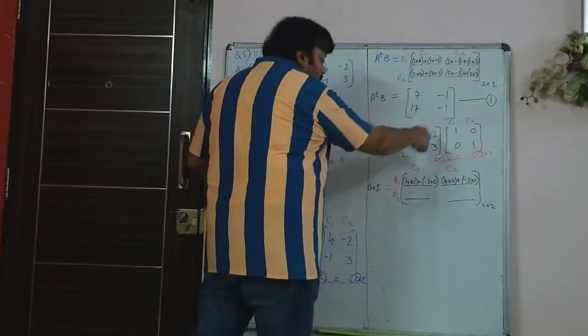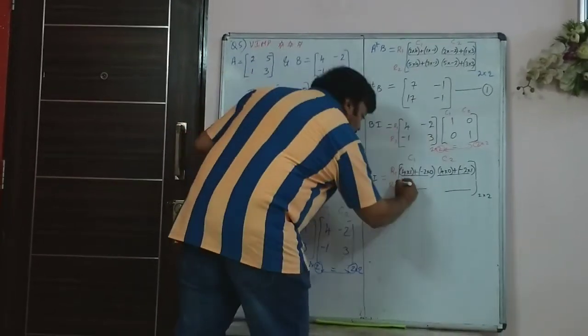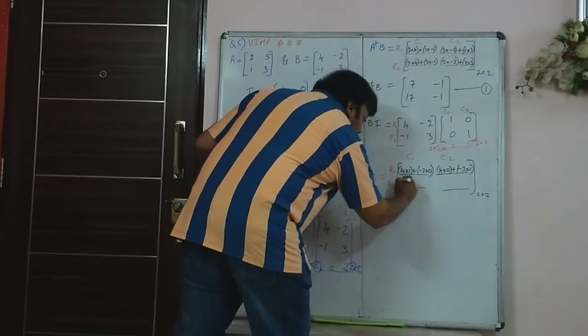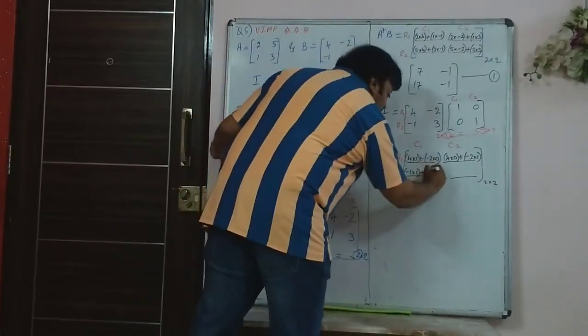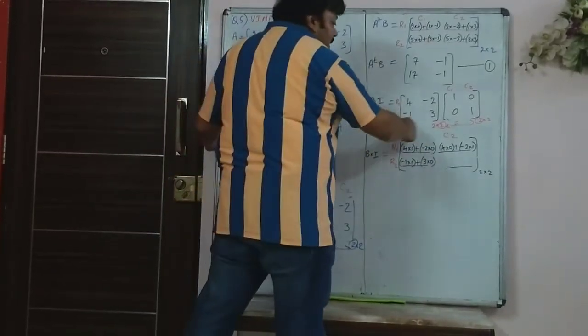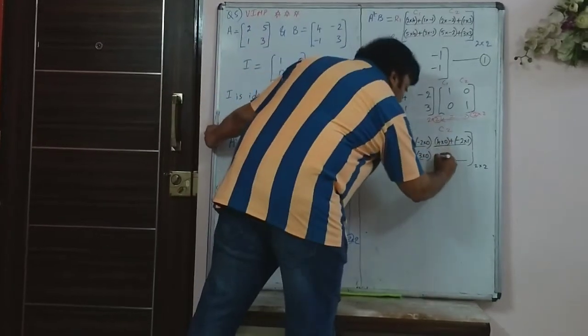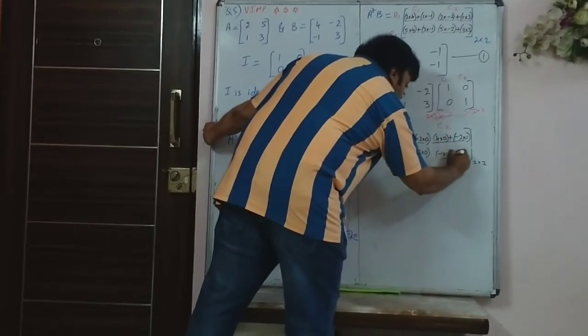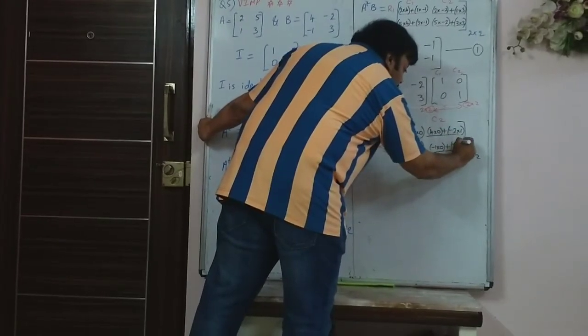Next is row 2, column 1. Row 2 with column 1 first into first, so minus 1 into 1 plus second element into second element 3 into 0. And then row 2 with column 2 first into first, minus 1 into 0 plus 3 into 1.